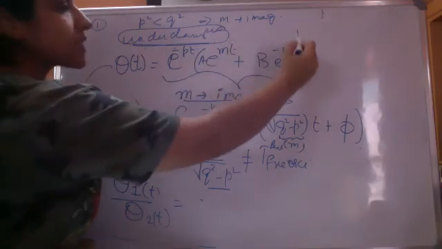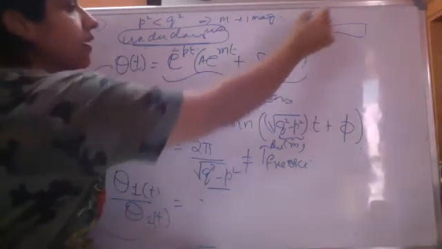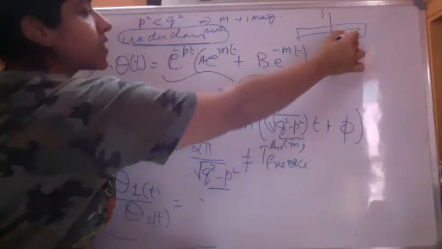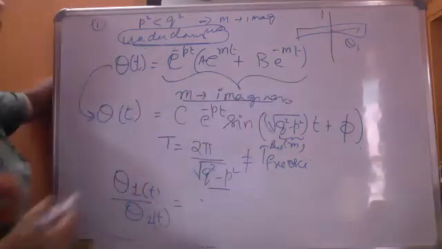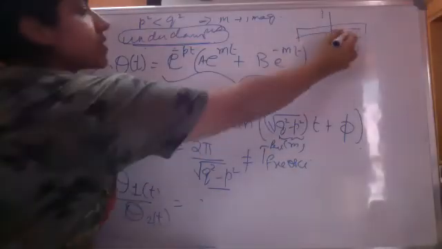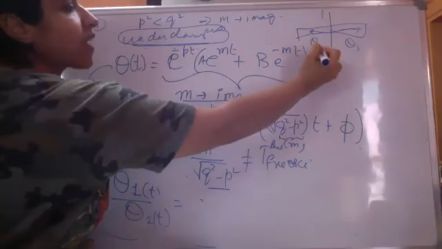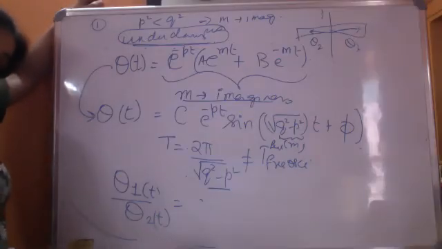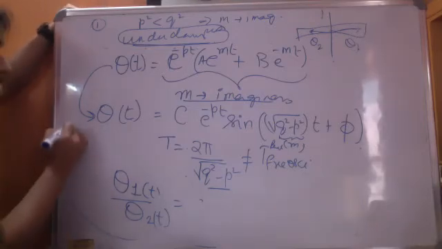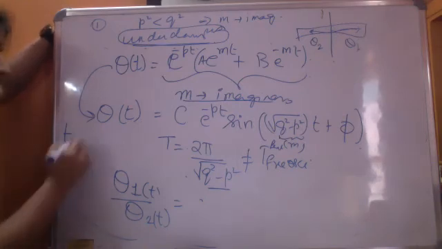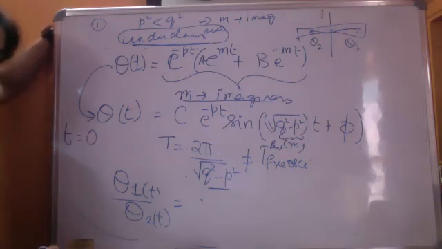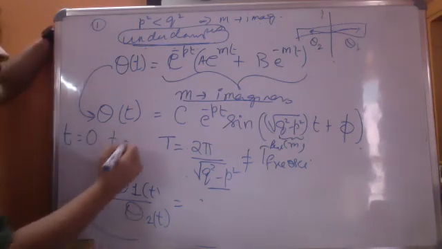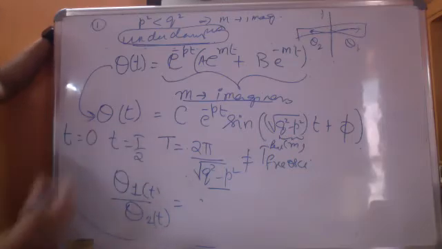So if I look at my scale, first time it goes on this side, let's say I call it theta 1. Second time it goes on this side and I call this theta 2. So basically, theta 1 and theta 2 are what? If theta 1 is measured at time t equal to, let's say, 0, theta 2 is measured at time T by 2.